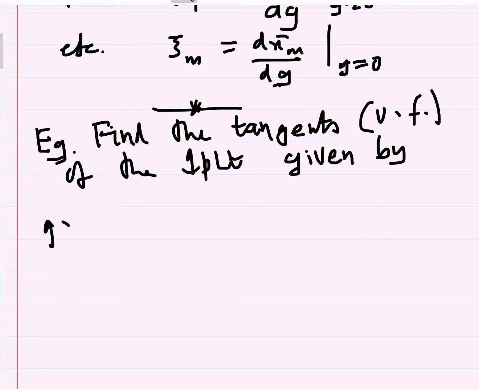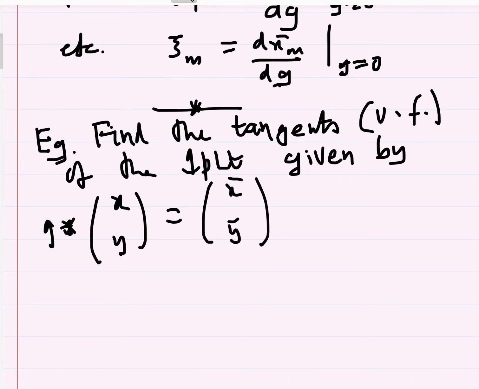The parameter was g. This was, I think, the first example we dealt with, where the point xy is transformed to x bar y bar, and x bar is x e to the g, y bar is y e to the 2g. We showed that this was a one parameter Lie group of transformations.